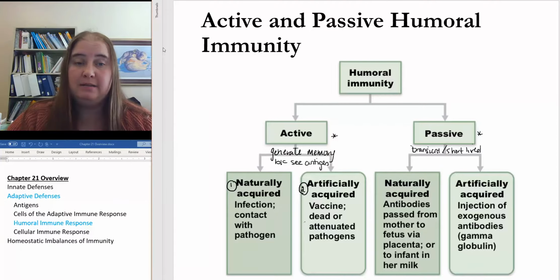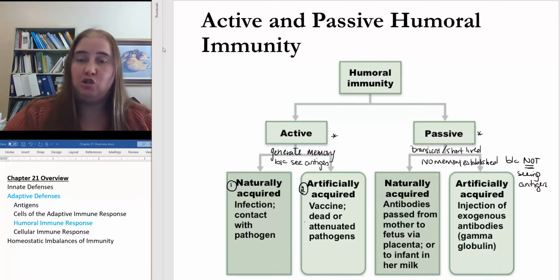And the reason for that is there's no memory established, because the body is not seeing the antigen. So let's look at these two processes.